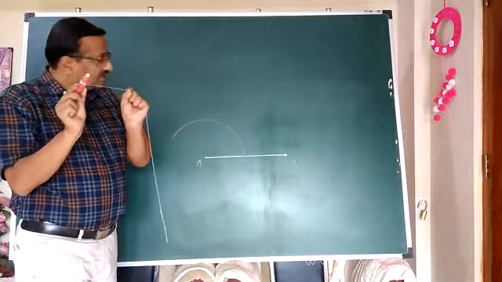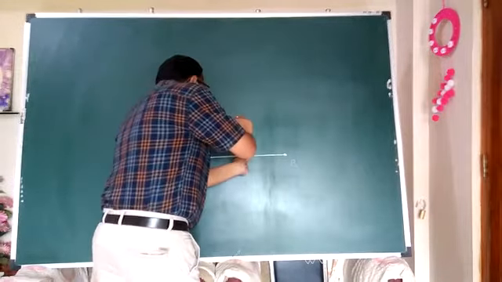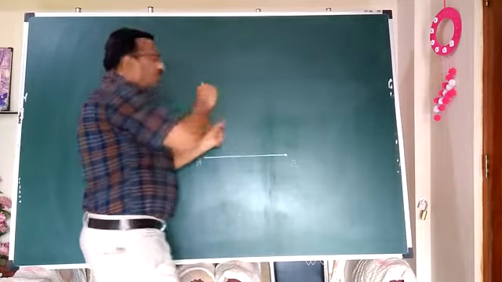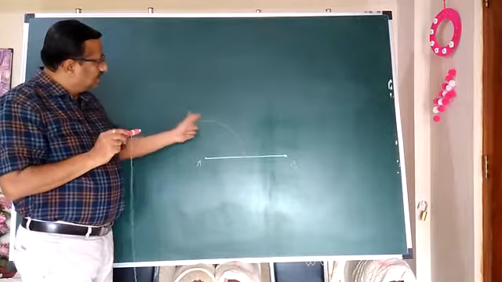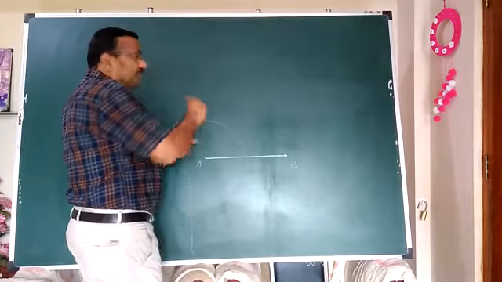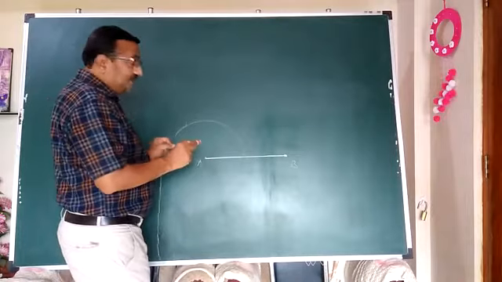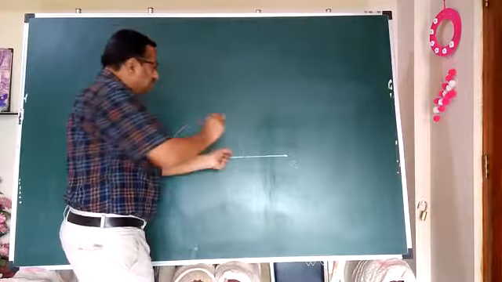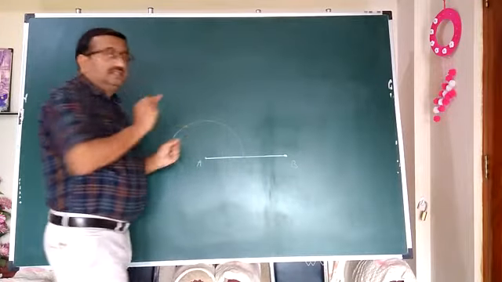Now don't change the radius. With the same radius, make 2 consecutive arcs in this way on the earlier drawn arc. Okay, what have I done? With any radius, first of all, I have drawn one long arc. After that, with the same radius, without changing the distance between both the tips, I have taken 2 consecutive arcs in this way.